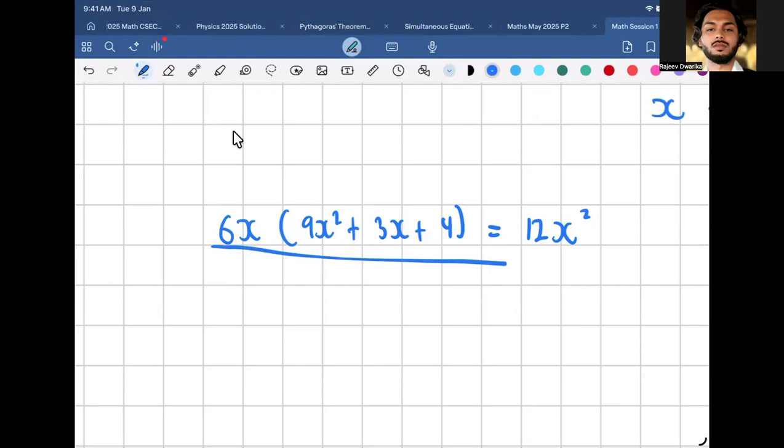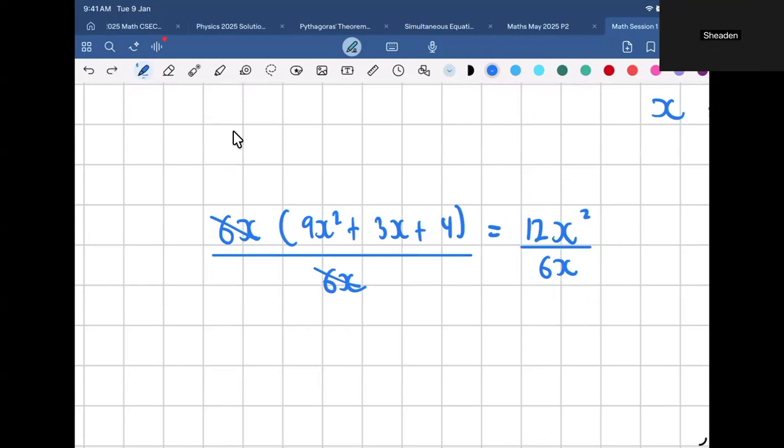So if I divide both sides by 6x, the 6x and the 6x are going to cancel off. And what's going to happen over here? Can somebody tell me? It'll just turn into 2x, because x squared will still have an x. Perfect. 6 into 6 is 1, 6 into 12 is 2.